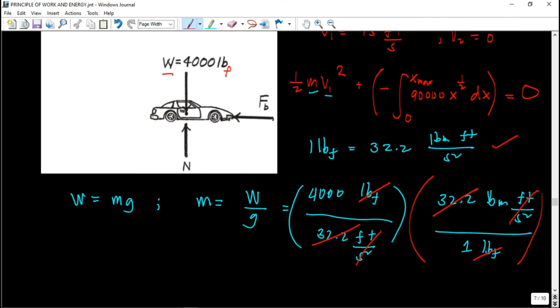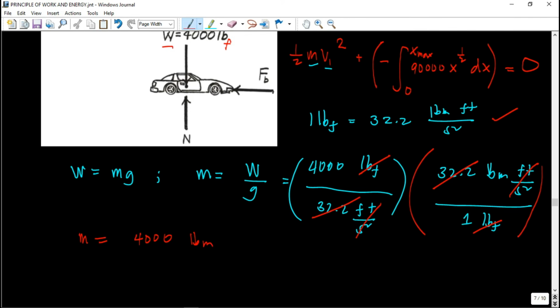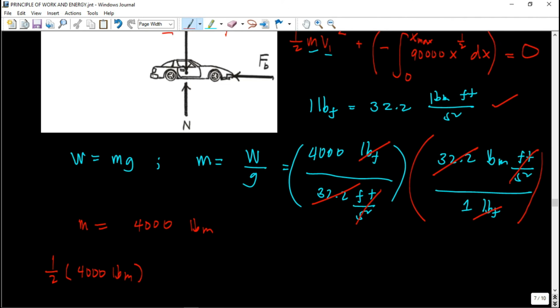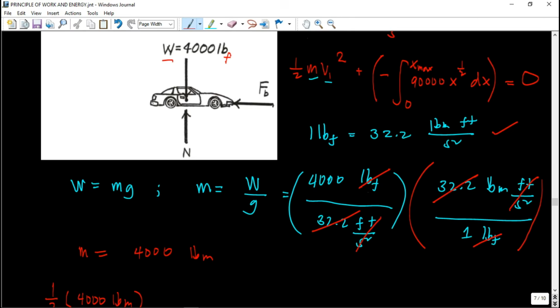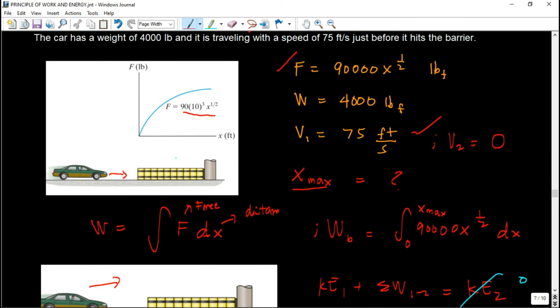Okay, so here, yung mass natin, same, that is just 4,000 pound mass. Okay, so gamitin natin tong equation. So that is 1/2 mass, that is 4,000 pound mass, and we have here V sub 1, given tayo, that is 75 feet per second.